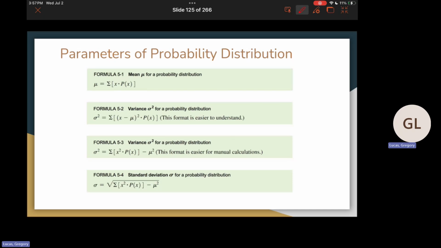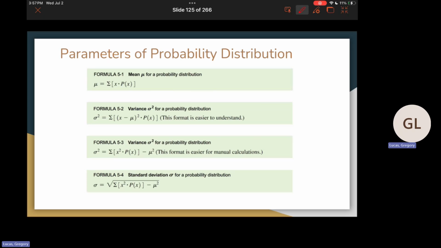So if I did 0 times the probability of 0 girls, 1 times the probability of 1 girl, 2 times the probability of 2 girls, add those numbers together, that would give me the mean for the probability distribution.